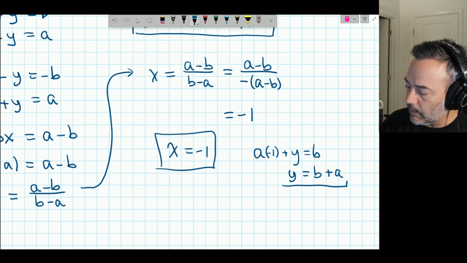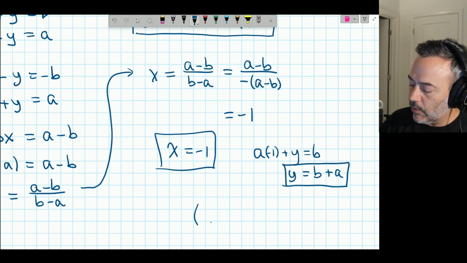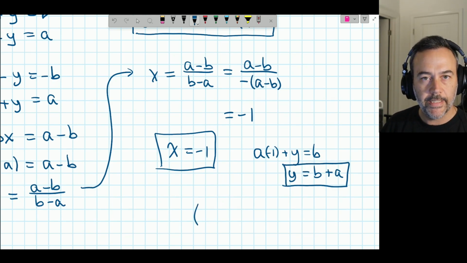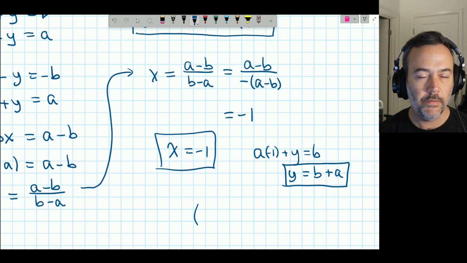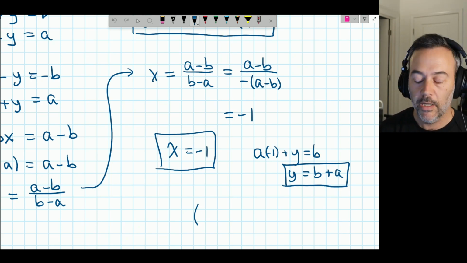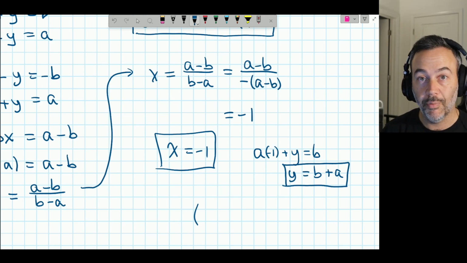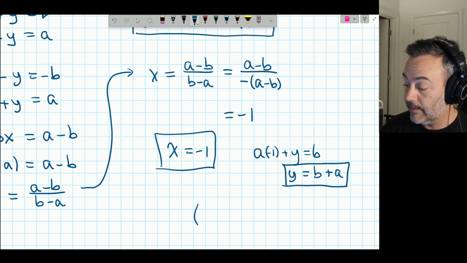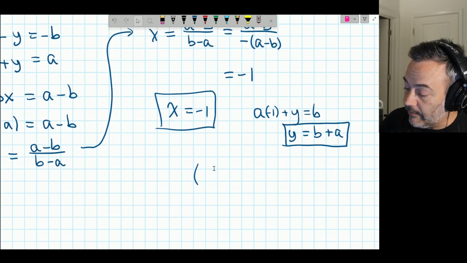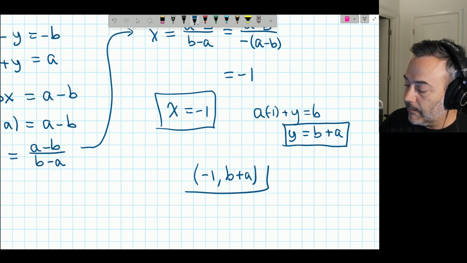Awesome. So we could write it separately like that, or we remember that we're solving a system, a two-dimensional system, because there's two variables, x and y. So that means we're looking for a point in the plane that is simultaneously on both lines. And what we have is the x-coordinate of the point is -1, and the y-coordinate is b plus a.